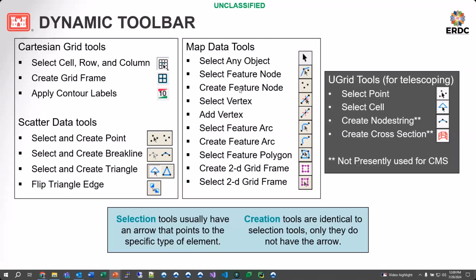So they're triangles. And then there are other tools here that come up with working with the map data. So we can select arcs, we can select vertices, nodes, work with a polygon. We can actually build a 2D grid frame. We'll be showing all of these tools later today and throughout the week.